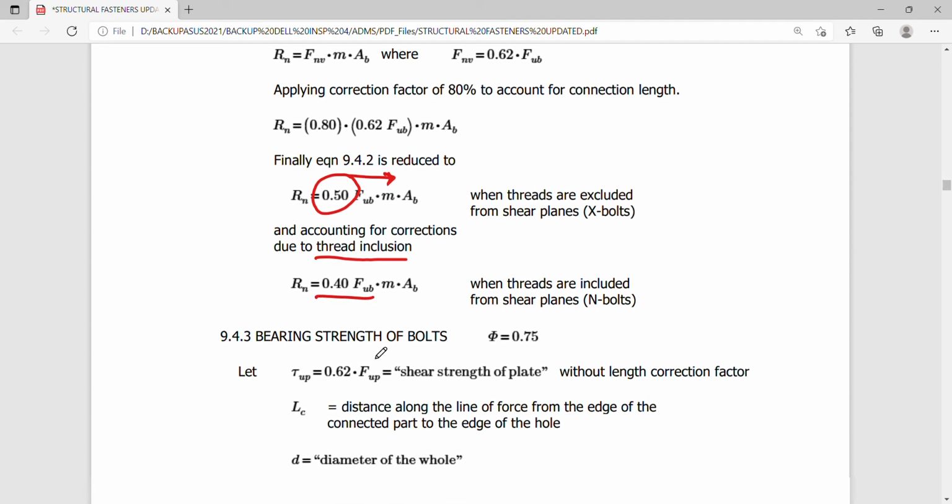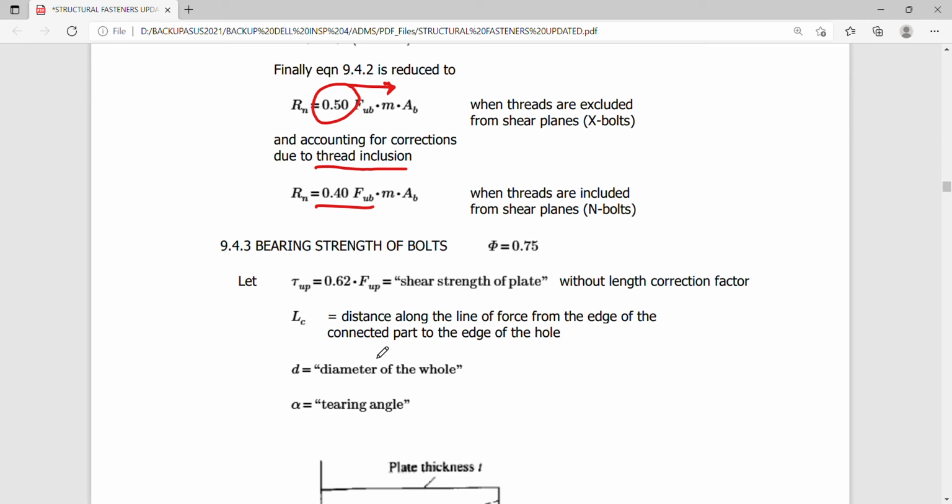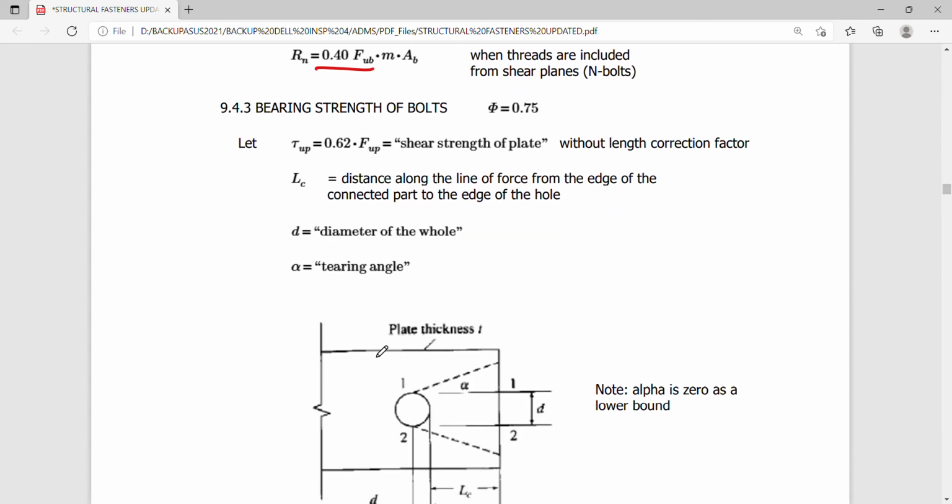So for the bearing strength of the bolts, wherein phi is 0.75, we make use again of the shear strength of the plate, tau UP, as 0.62 of FUP without length correction factor. So the length, the LC now is the distance along the line of the force from the edge of the connected part to the edge of the hole.